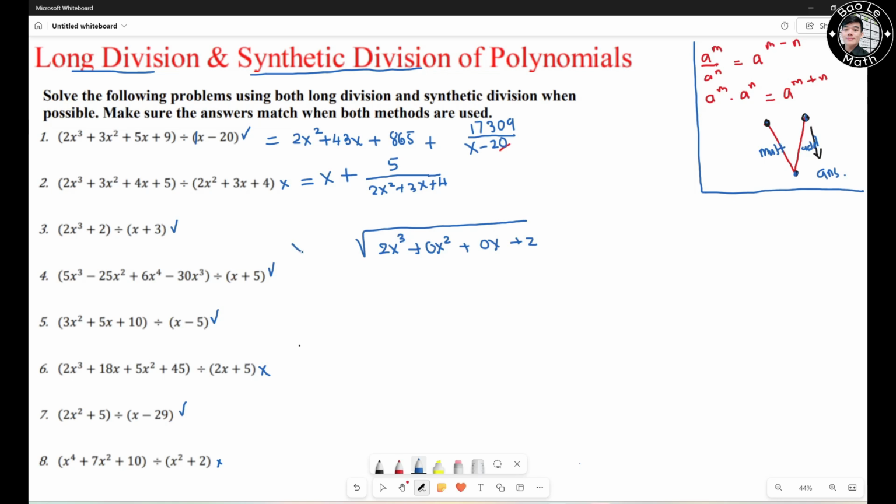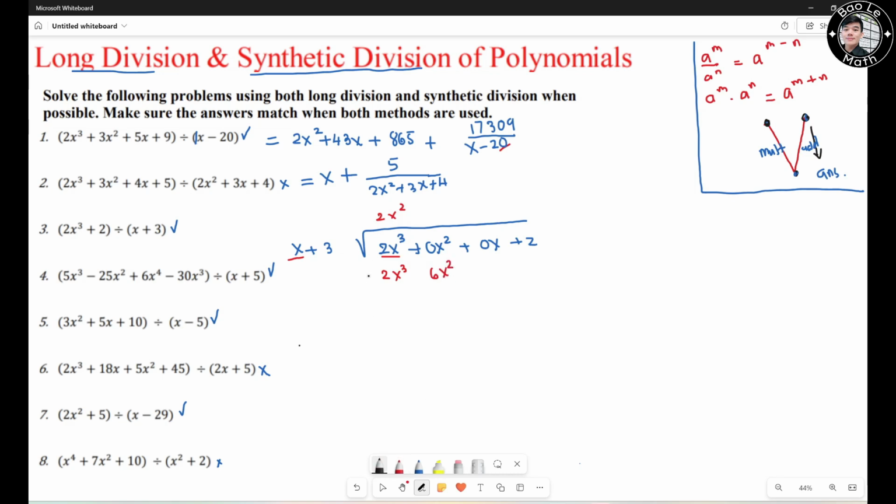Now this is s plus 3. Leading coefficient is going to be 2. Leading coefficient is going to be 1 right here. So 2 divided by 1 is going to be 2. S cubed divided by s is going to be s squared. Now you multiply this one back, it's going to be 2s cubed. 2s squared times 3 is going to be 6s squared. So you put 6s squared right here.